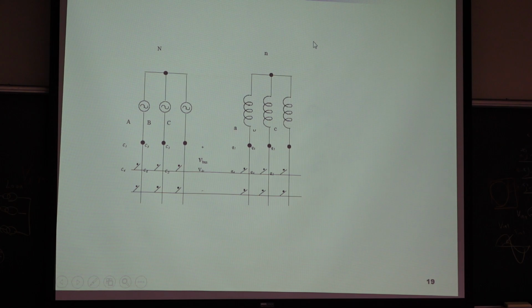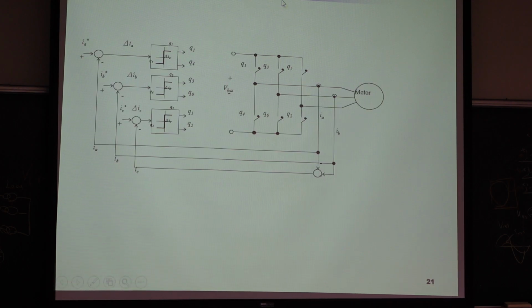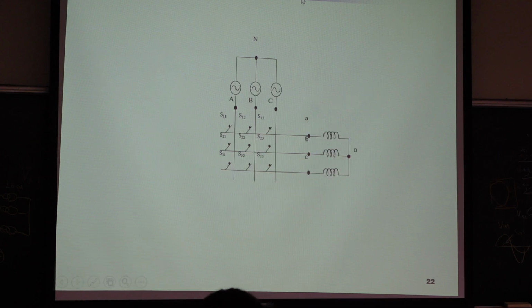So we can think this is AC to DC, so an AC to DC rectifier. And then DC to AC, so we have an inverter, DC to AC. Then we can develop the switching function. So we can combine AC to DC and DC to AC, and we can synthesize the real AC switch.